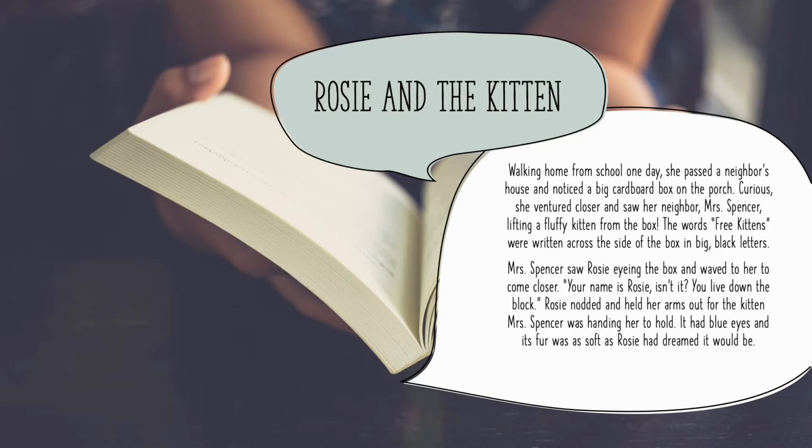Mrs. Spencer saw Rosie eyeing the box and waved to her to come closer. "Your name is Rosie, isn't it? You live down the block." Rosie nodded and held her arms out for the kitten Mrs. Spencer was handing her to hold. It had blue eyes and its fur was as soft as Rosie had dreamed it would be.